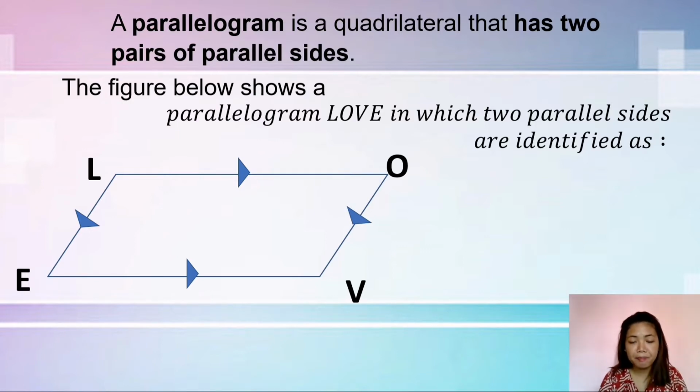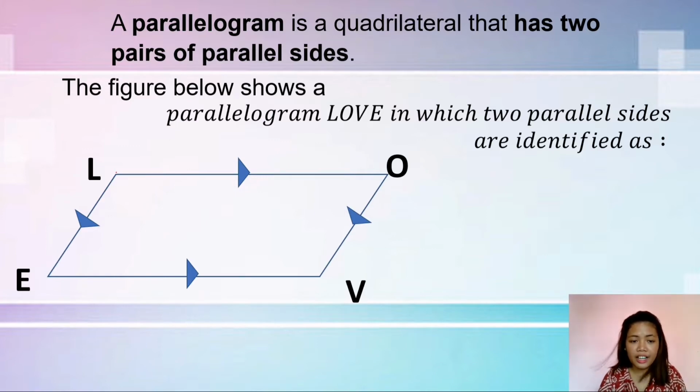We also name the sides of a parallelogram using two of its vertices. So let's start naming the sides using the upper side. We have side LO. Let's name it in clockwise manner. The second side is side OV, and side VE, and also side EL.